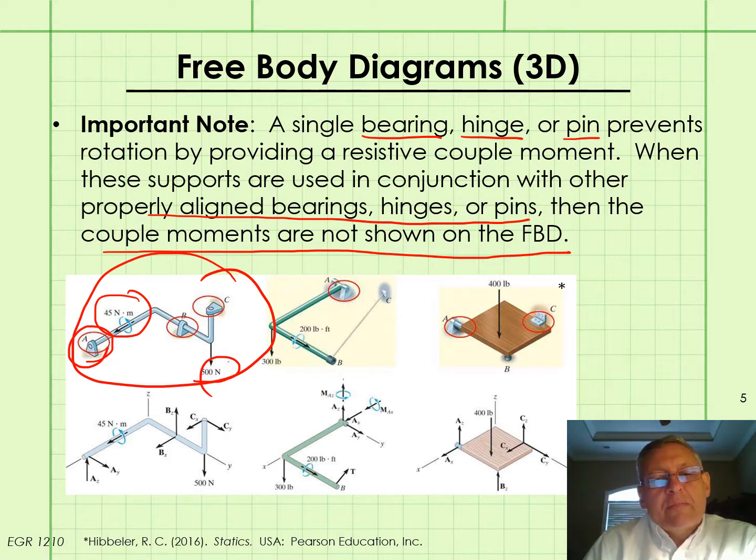Now in that case, it's probably not hard to see that there are going to be moments there. That bearing at A is going to be providing restrictive moments about two of the three reference axes. But by having B and C also helping to constrain the bar, you can see that now those moments aren't present at A anymore.